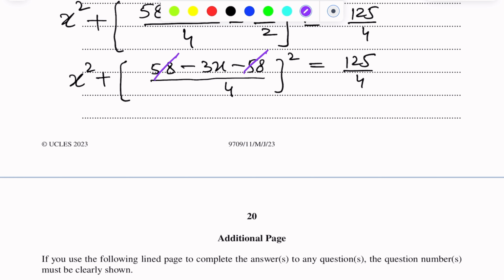These two terms cancel out because of opposite sign. The remaining term is minus 3x, and there is a whole square, so minus 3x over 4 whole square, that is 9x square over 16. We write x square plus 9x square over 16 is equal to 125 over 4.